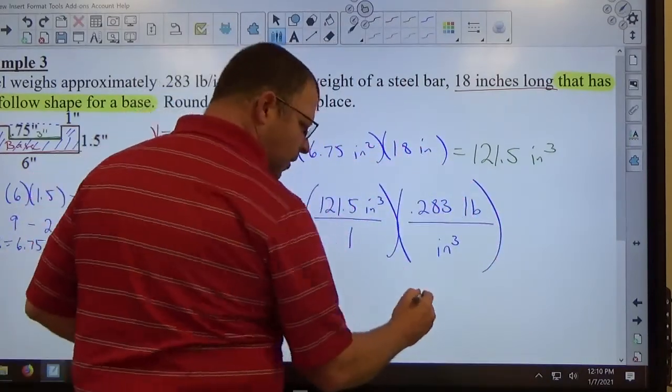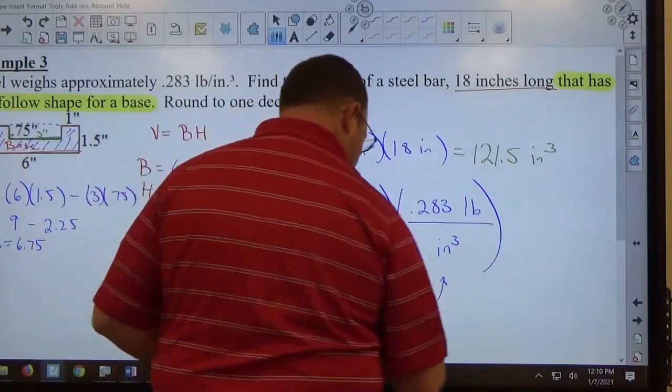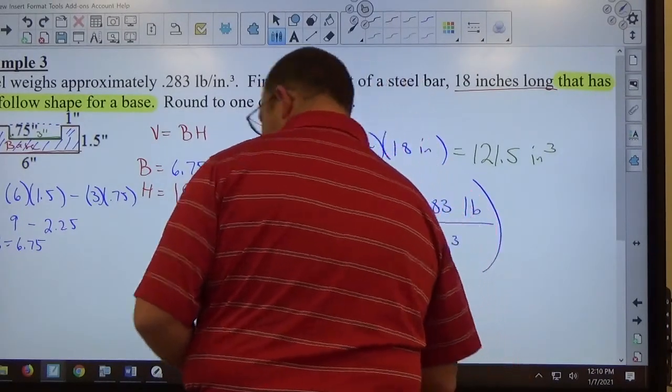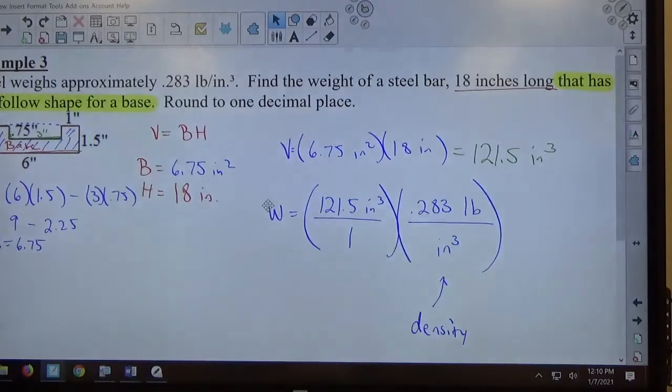Okay. Just for sake of knowledge, this is called a density. Whenever you know the density of an object, volume times density is going to get you mass or weight. In this case, it's a weight density, so it's going to give me weight.